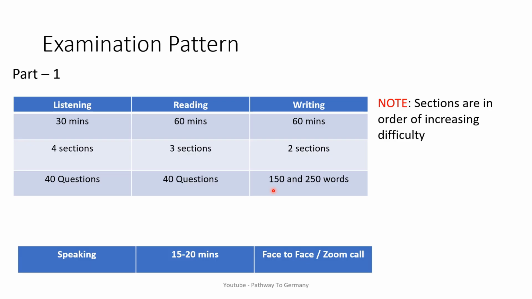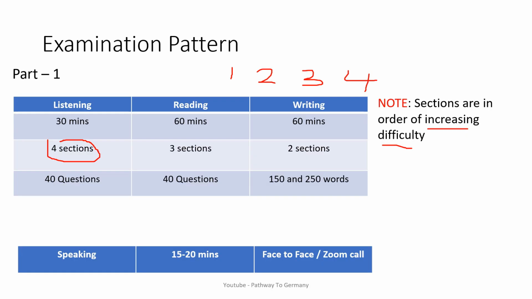So the important point that you need to remember here is sections are in the order of increasing difficulty. What I mean by this increasing difficulty is, as I mentioned here, we have four sections in listening. So 1, 2, 3 and 4.